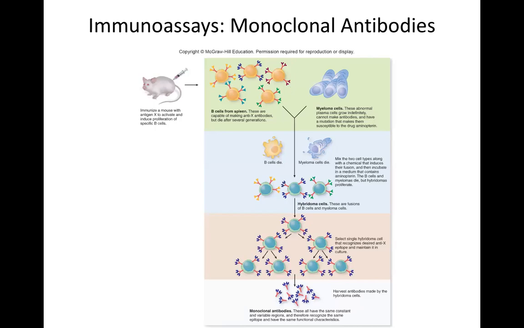What I used to do in my research in grad school is there is a protein called CBIR, and it's actually a protein that's part of the flagella in bacteria that can be in the gut. And what I would do is I would take serum from a mouse, so I'd take blood from a mouse, and then I would look for the presence of an antibody to that CBIR protein.